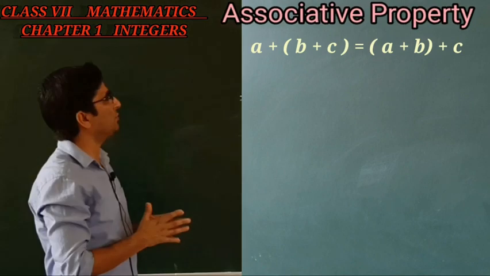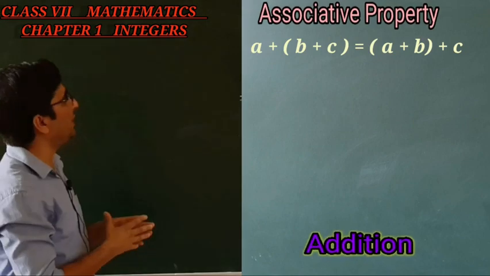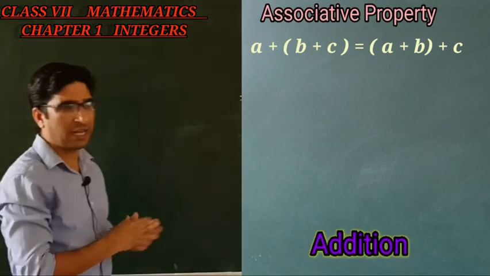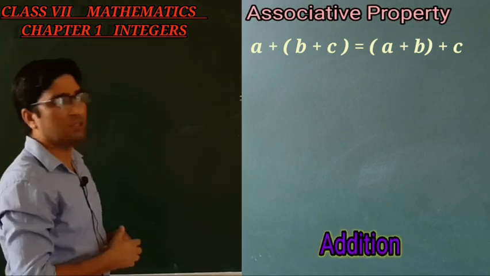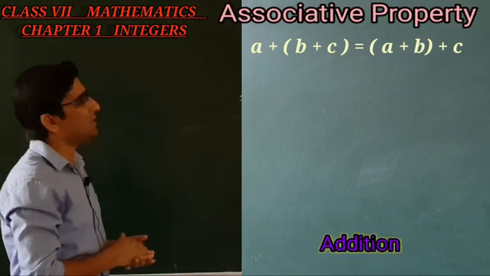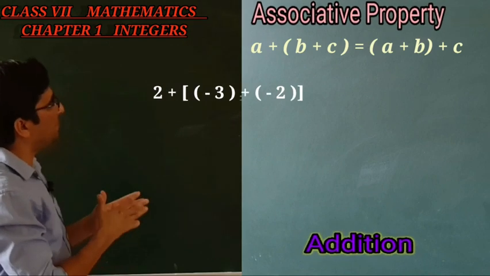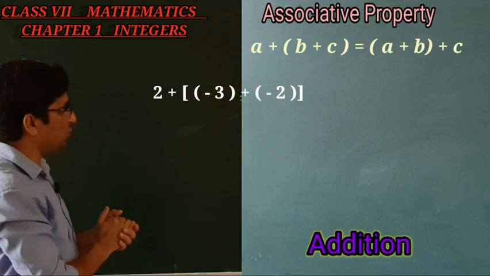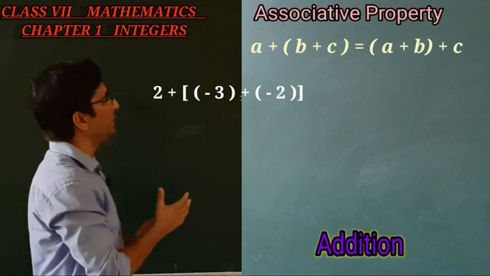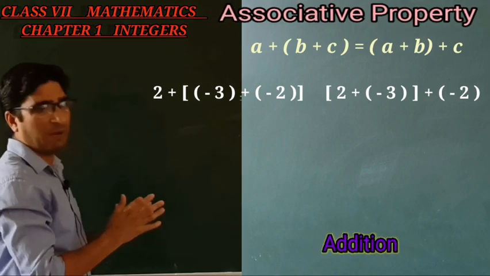Now if we check associative property for addition, then the relation should be satisfied. Let's have an example with the three integers 2, minus 3 and minus 2. The first in order 2 plus (minus 3 plus minus 2), and if we change the group, then (2 plus minus 3) plus minus 2.